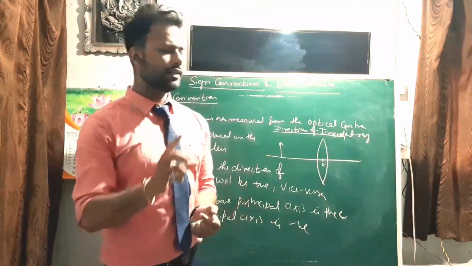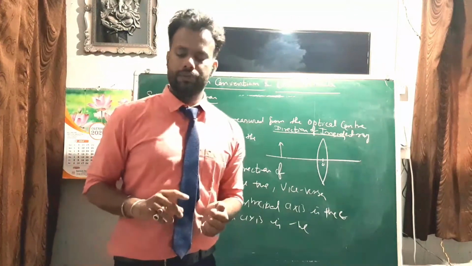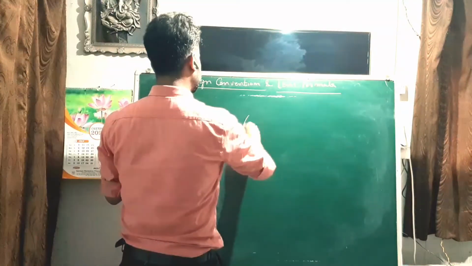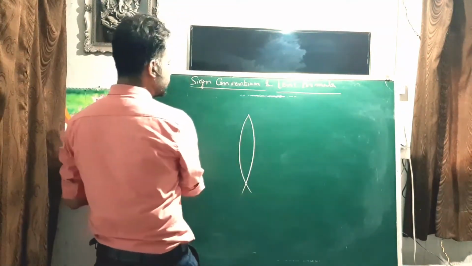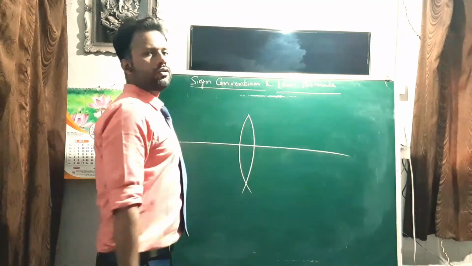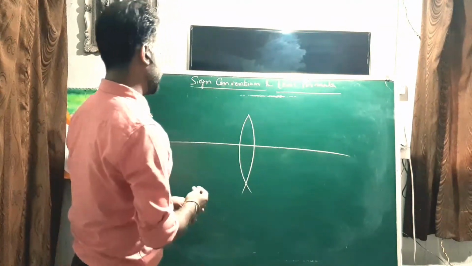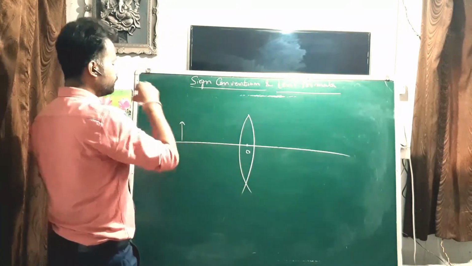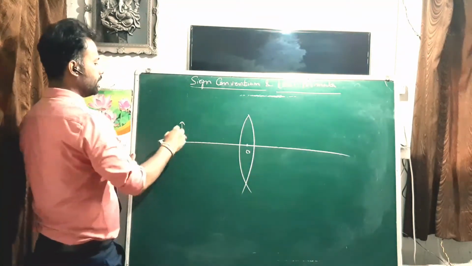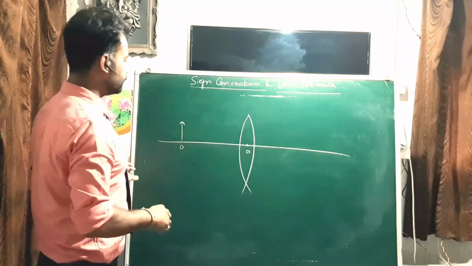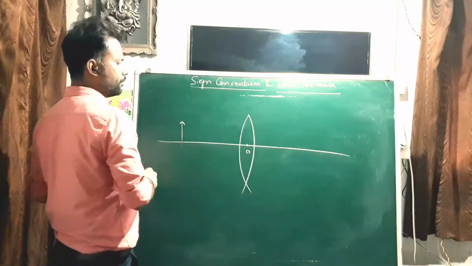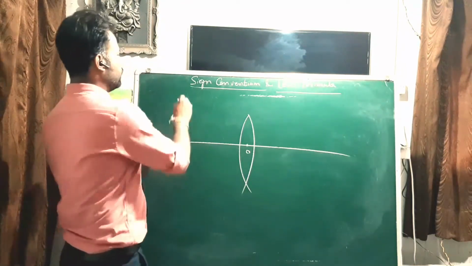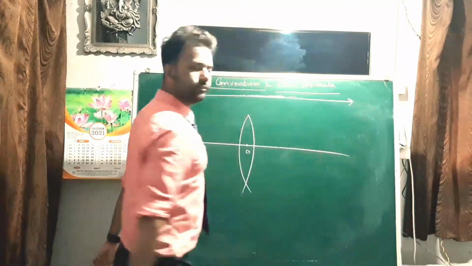Let's understand this with the help of a ray diagram first. This is the convex lens. You can take either convex or concave, the sign convention for both is the same. Here is the optical center, and let's say the object is AB or O. Light is going in this direction.